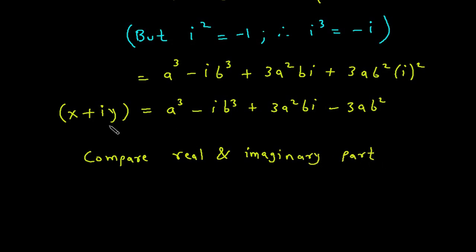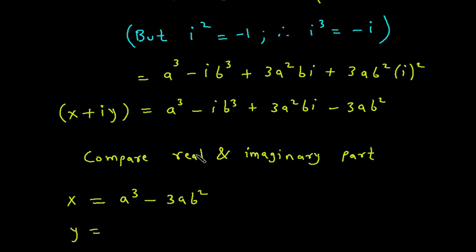So here the real part is x. So x is equal to a³ − 3ab², and y is the imaginary part.